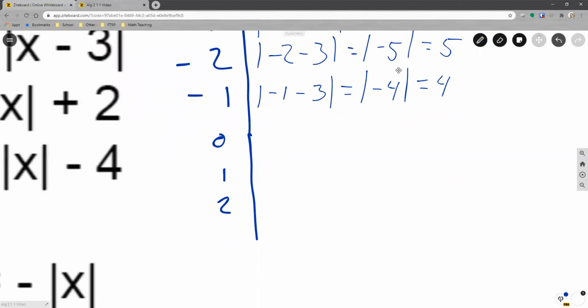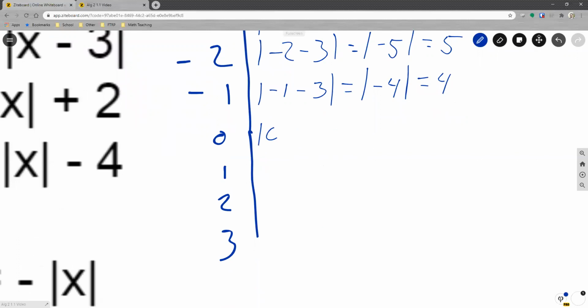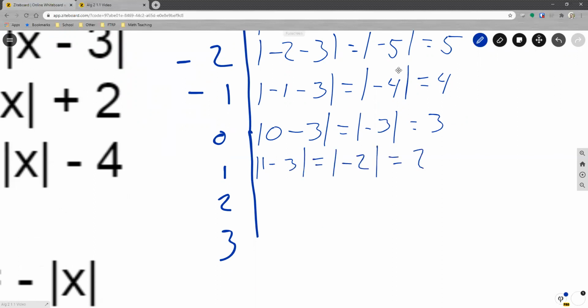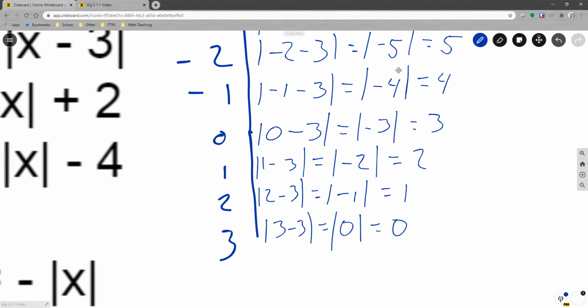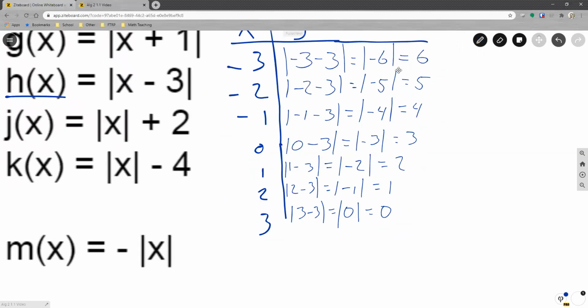Just keep stepping through it here. So now I've got all my values. If I plug in a -3, I get a +6. If I go up to +3, plug that in, I end up getting a 0 out of it.